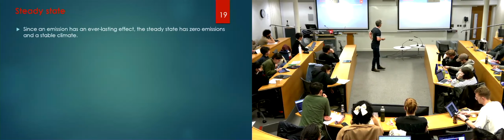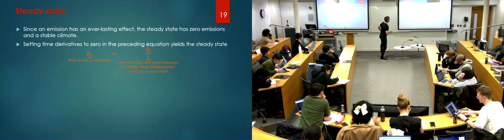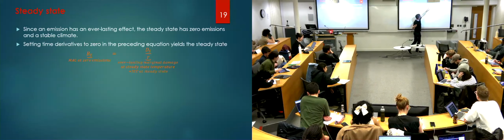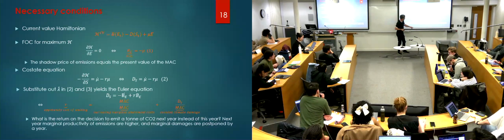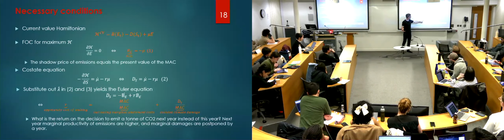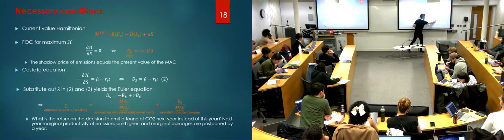Good. Steady state. I just set the derivatives to 0, and I get this simple equation. In the steady state, by the definition of the steady state, the change is 0, so this term goes away, and I have only this left.